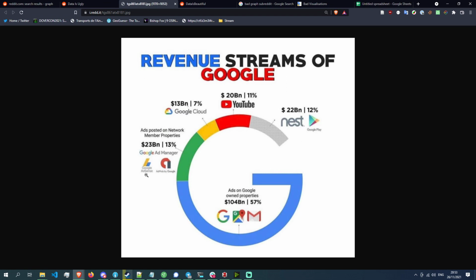They're mixing Google AdSense with Google AdMob, which are two separate services, which do two different things. And then they put $104 billion on ads on Google-owned properties, which, to be fair, YouTube is a Google-owned property, so it's a bit of a misleading axis. So that's one of the aspects, and yeah, the weird shape is also one of them.